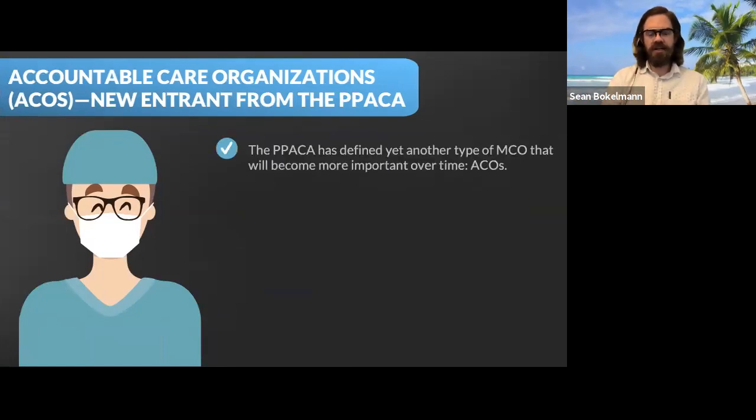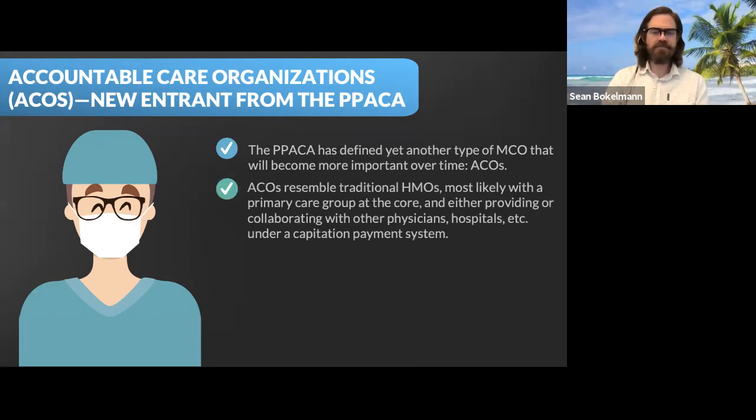There's one other issue related to this market segmentation idea, and that has to do with the ACA. The ACA actually created another type of MCO that is going to be more and more important over time, and it's called an ACO, which stands for Accountable Care Organization. Now they resemble traditional HMOs.